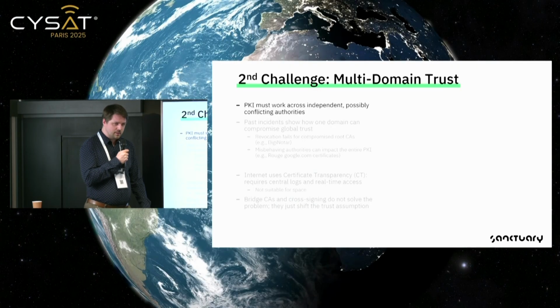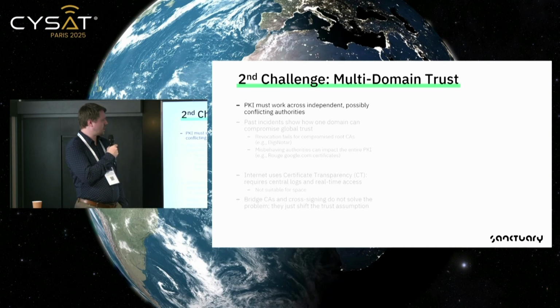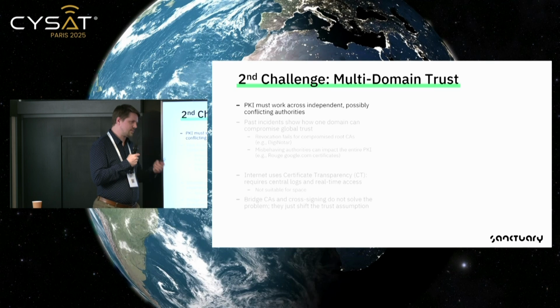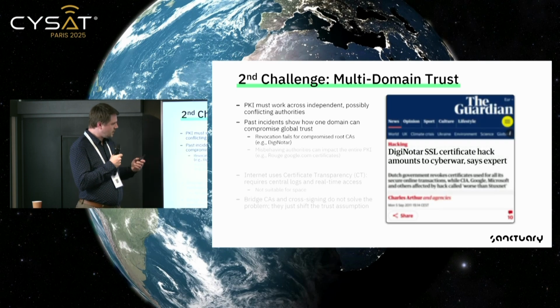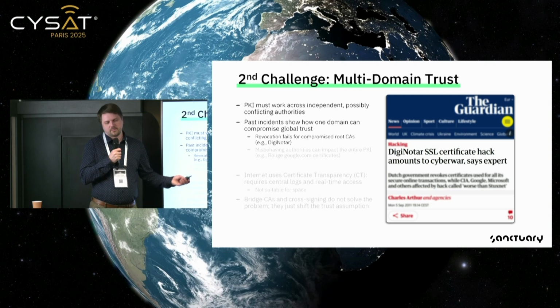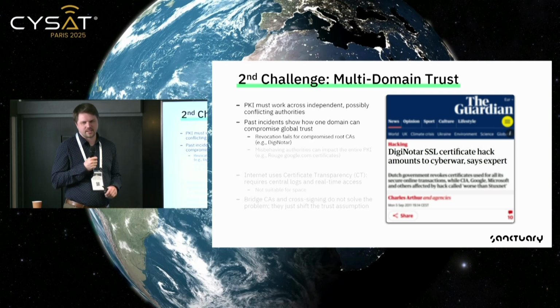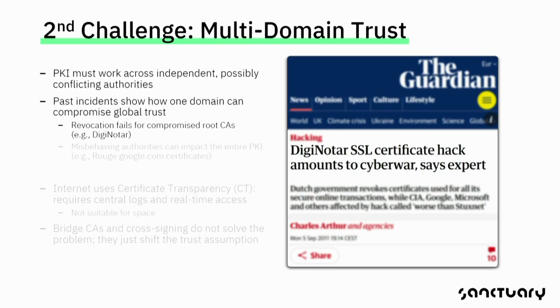And the second major problem and challenge that you face with PKI is the multi-domain trust. I mentioned earlier, basically every country has its own root CA on the internet, meaning that if a root CA from one country is compromised, this one can start issuing all certificates at once because everybody is basically trusting everybody else fully.